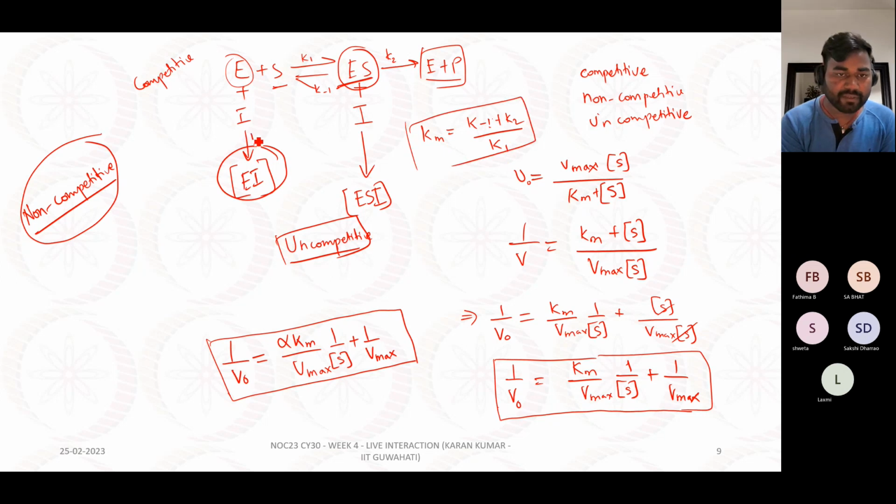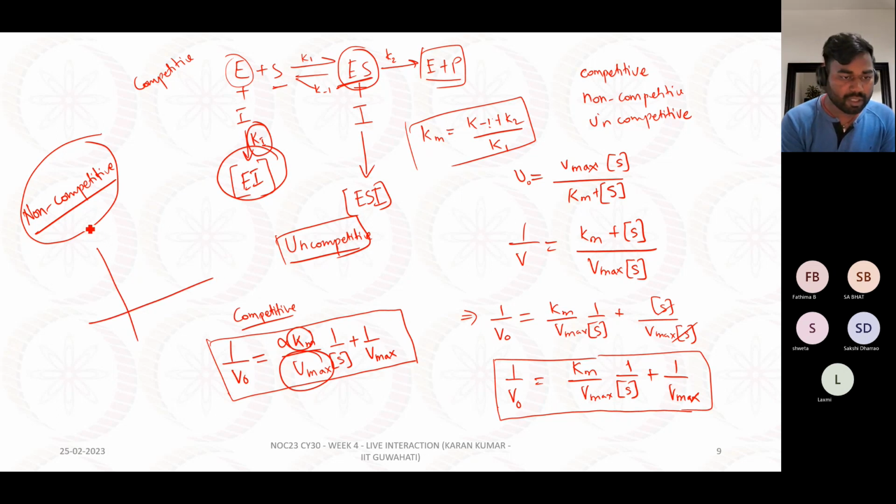Now, if Ki is coming into play, the substrate is again being consumed due to this Ki value, and thereby your Km will be affected. So what is affected, Km and Vmax?